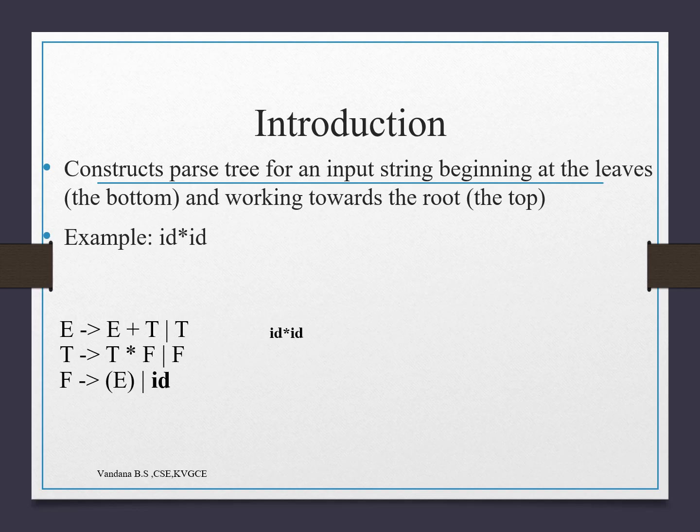The sequence starts with the input string ID star ID. The first reduction produces F star ID by reducing the leftmost ID to F. Look at this. ID is replaced by F. What is the production? F derives ID. The production body contains ID. What is the head here? F. So ID is replaced, or reduced, by F.